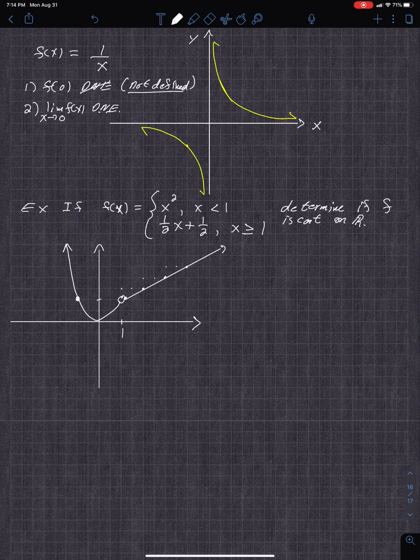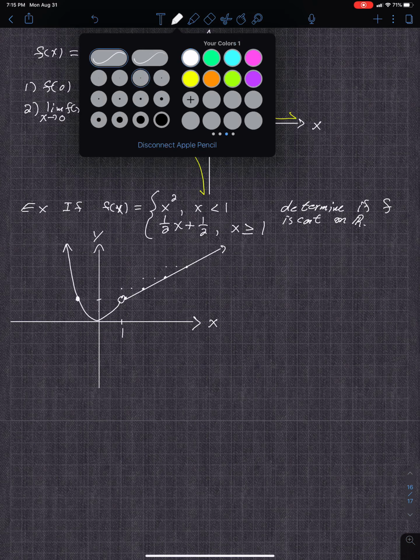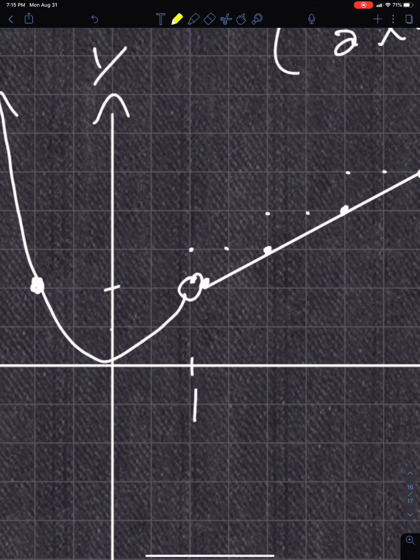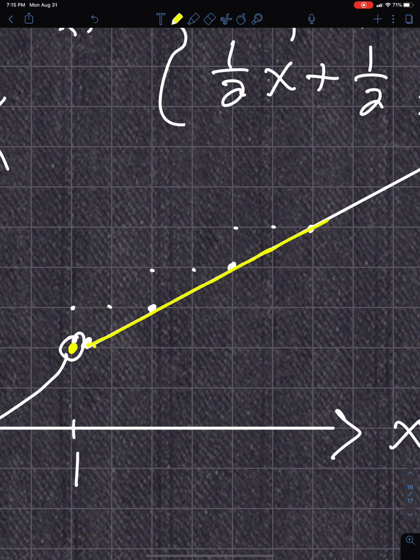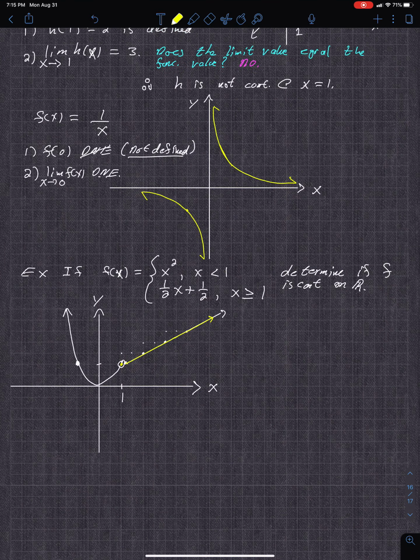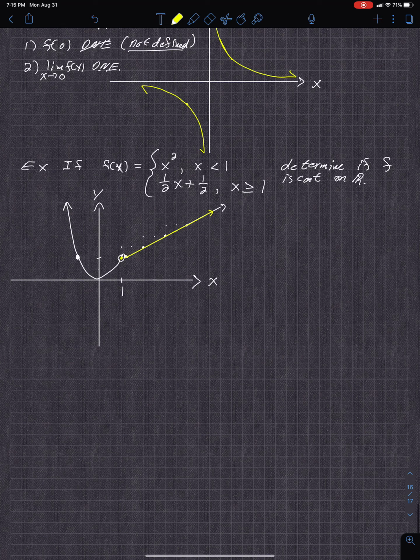I had that right the first time. I don't know what I was doing. All right, so is it continuous? And actually, if you zoom in on this, which you don't see it yet, this has to be defined here. So you actually get this value. So you get that line like that. And so it is defined here at 1, 1.